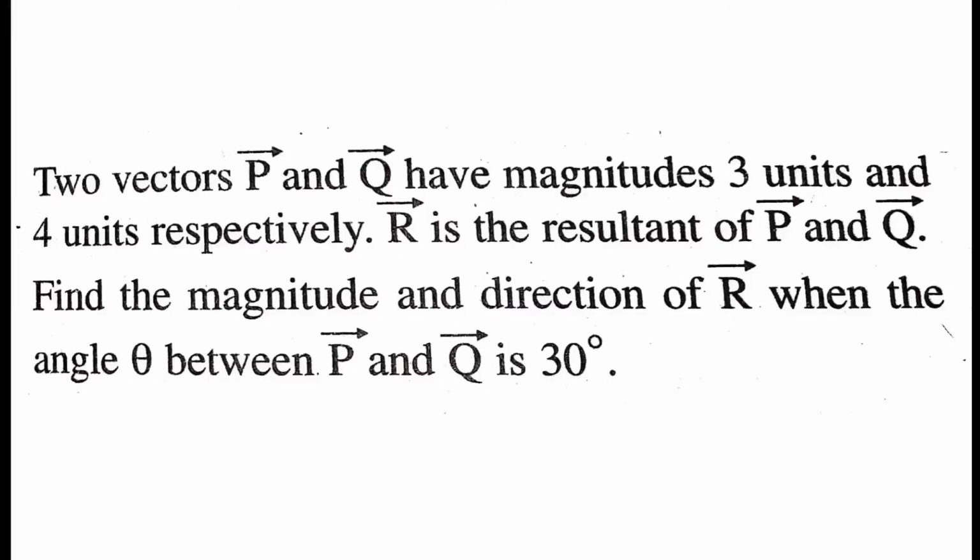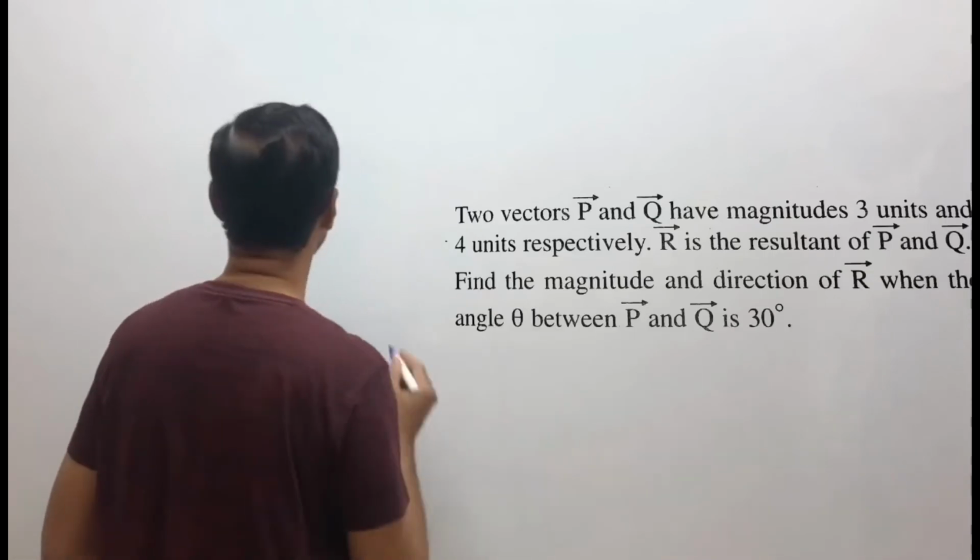Come to the first question. Two vectors P and Q have magnitudes 3 units and 4 units respectively. क्या बोल रहा है वो? There are two vectors P and Q and their magnitudes are given.